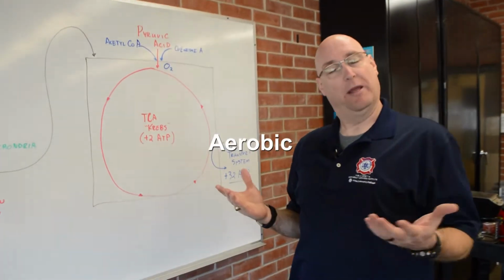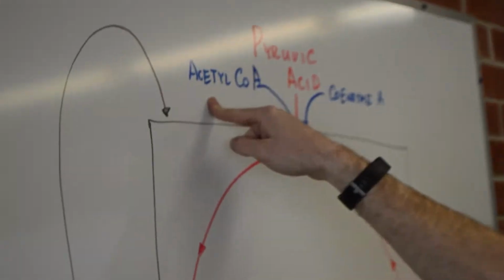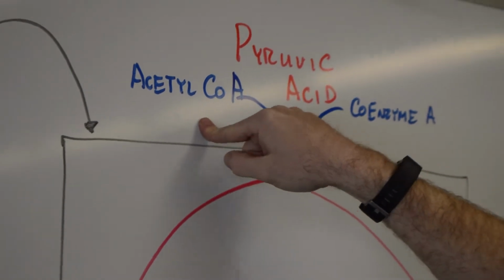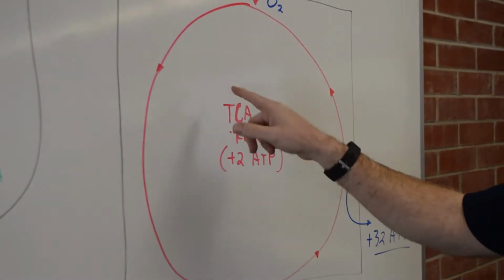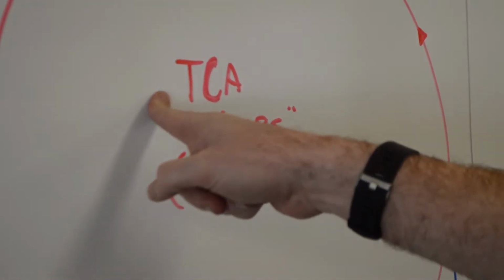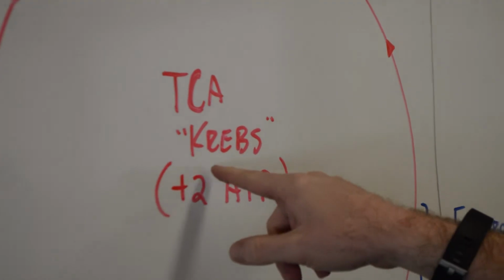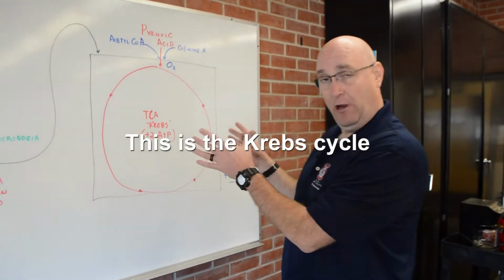It needs to be aerobic. We need to have oxygen present. Along with coenzyme A, we have another coenzyme called acetyl coenzyme A that helps break down pyruvic acid and starts this whole cycle, the TCA, or tricarboxylic acid cycle, or the citric acid cycle, also known as the Krebs cycle. It doesn't matter. This is the Krebs cycle.